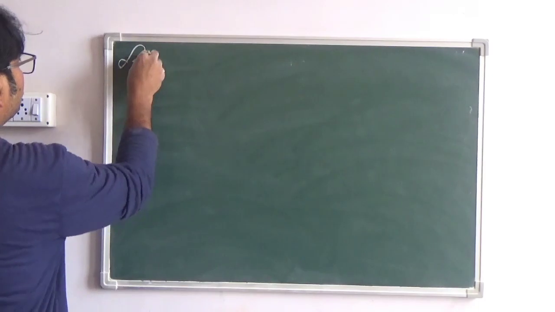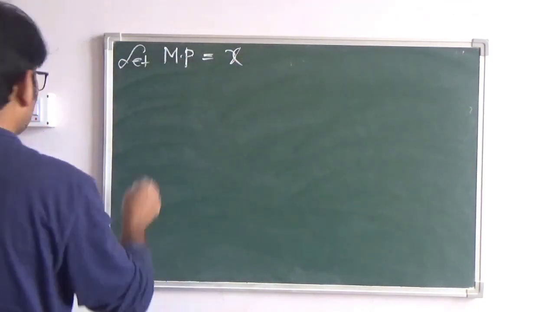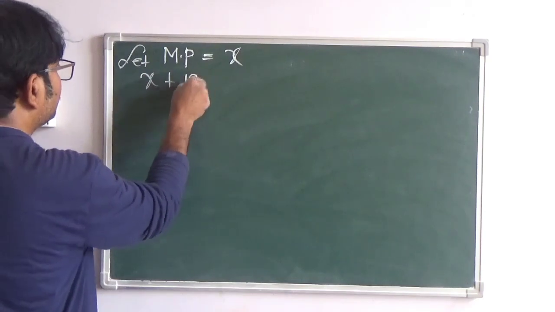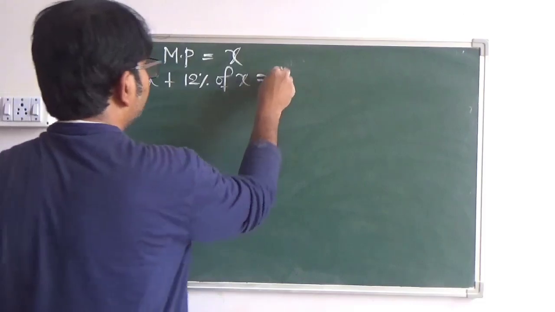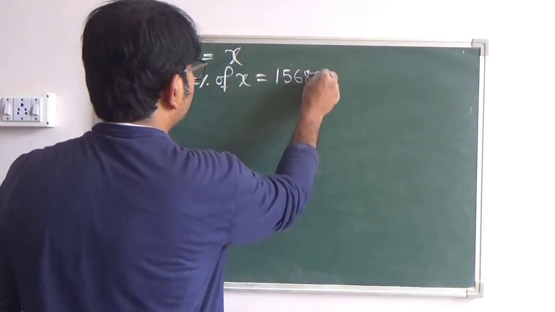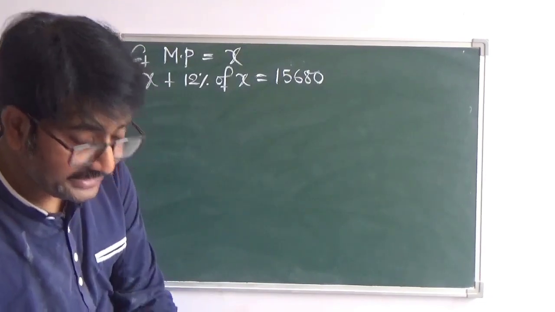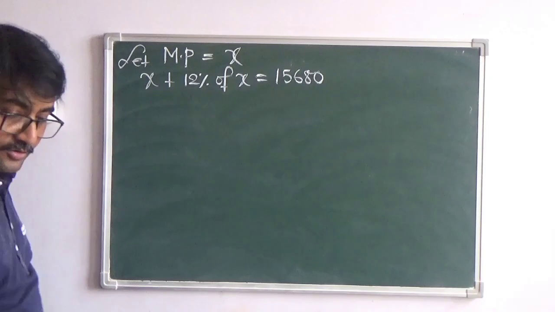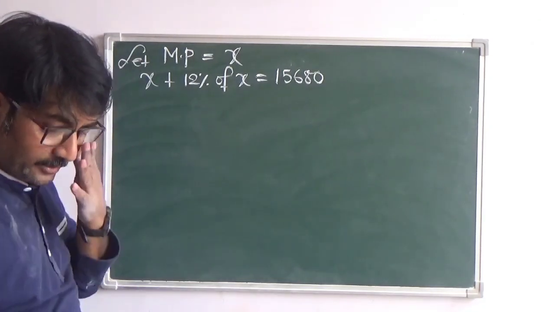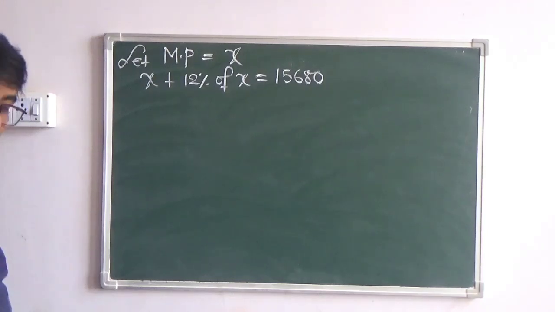So let the mark price of the refrigerator be rupees X. So X plus 12% of X is equal to the total value 15680. The mark price of a refrigerator is 15680 inclusive of GST at the rate of 12% on the mark price. The customer asks the trader to reduce the mark price of the refrigerator to such an extent that its reduced price plus GST is equal to the mark price.